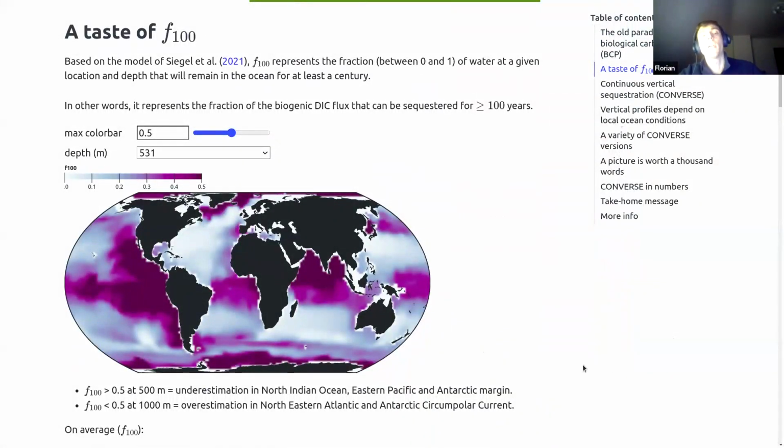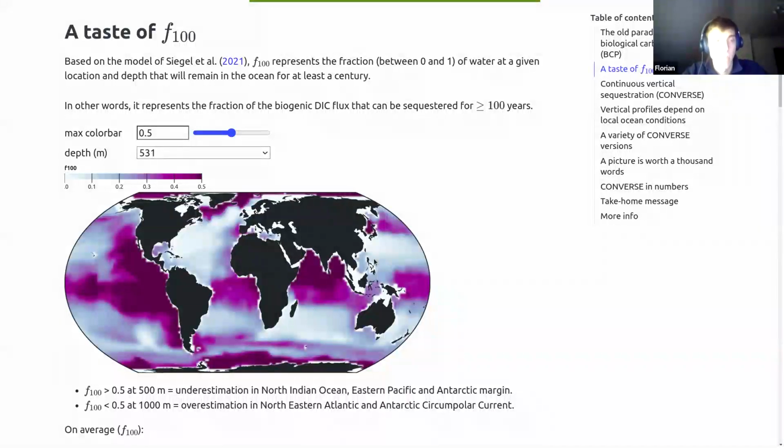Here I'm showing you a map of this F factor at 500 meters. You directly see that you have regions, the northern part of the Indian Ocean, the Eastern Pacific, and the Antarctic margin, where you are already above 0.5. So if you think about the common assumption that sequestration only occurs below 1,000 meters, you would miss sequestration in those regions.